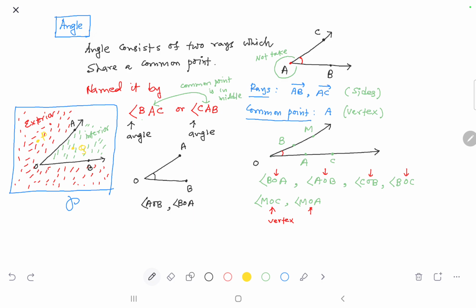He is exterior. Is point Q an interior point or exterior point? Which Q? This one here. Yeah. Q is interior. Interior? Okay, very good. Right, nice.